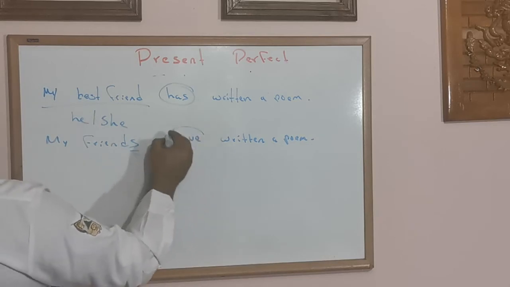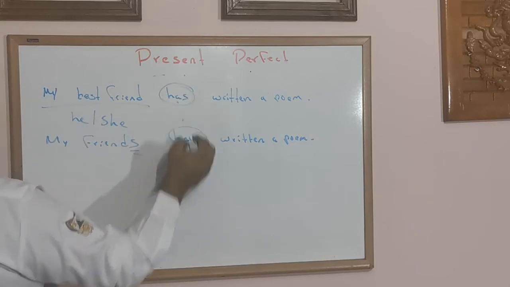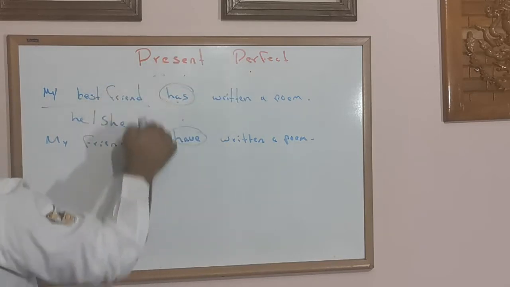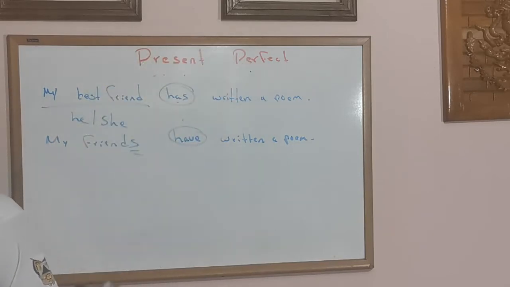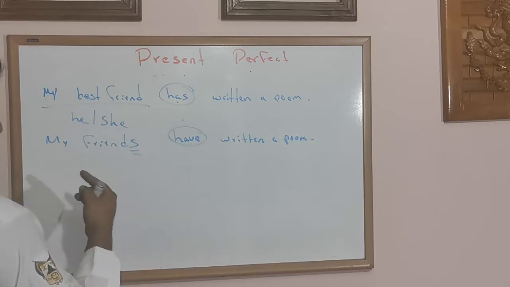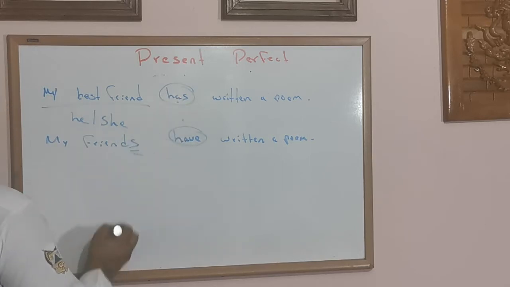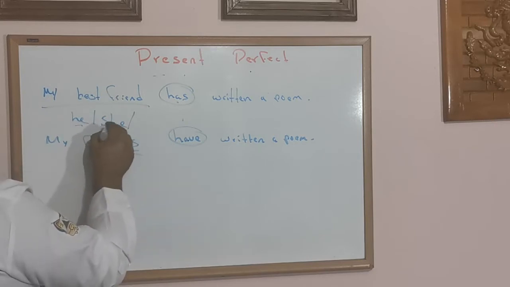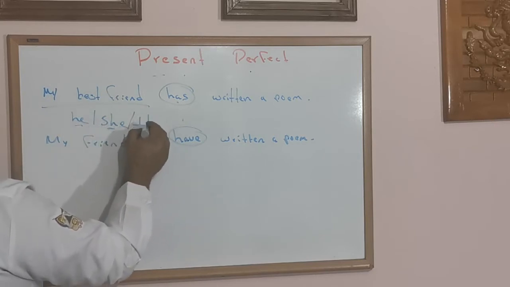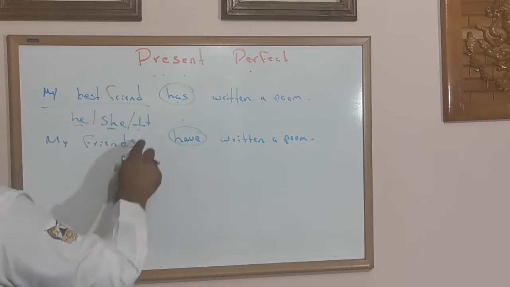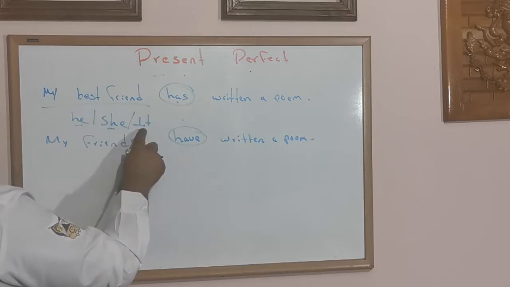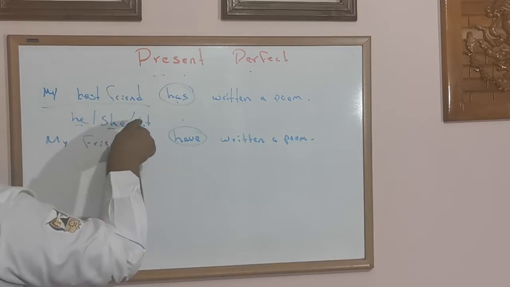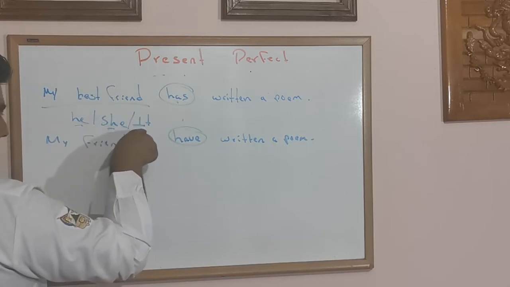So that's the difference. Has or have, they are present perfect. Both are present perfect. But you will use has when you talk about a man, a woman, or a thing. This could be an animal as well. Okay? A man, a woman, or a thing, or an animal.